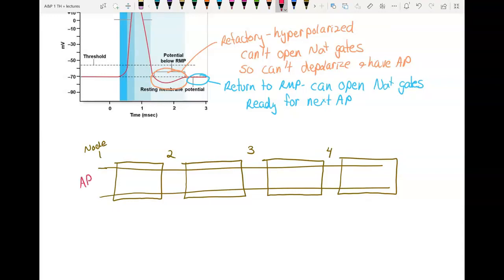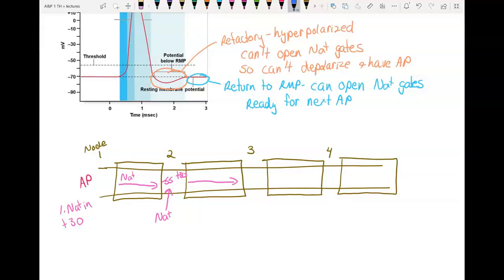So this means we have sodium in, and we go to positive 30, then the sodium diffuses through here, and that raises the voltage here to negative 55. And that negative 55 is then what makes these sodium gates open, and sodium comes in, which takes this to positive 30, and then sodium diffuses.